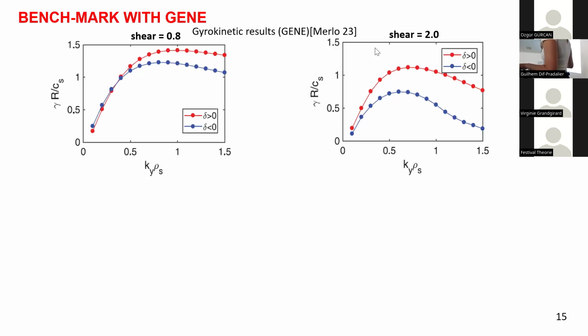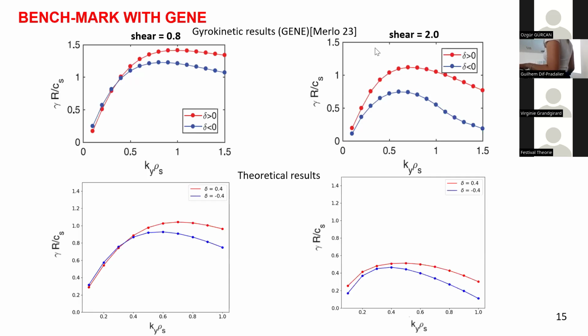This is not important. It is shown for two values of shear, for positive and negative triangularity, for GENE and with the same range of parameters for our theoretical results, the results we got from the analytical model. And you see that qualitatively they match.